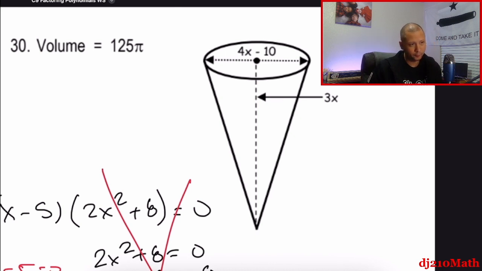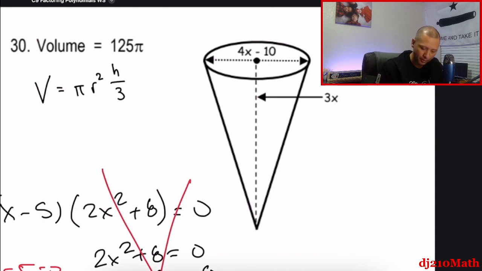So we need to figure out volume of a cone. So volume is going to be equal to pi r squared, which is the radius, height divided by 3. Okay, so 3x is the height.